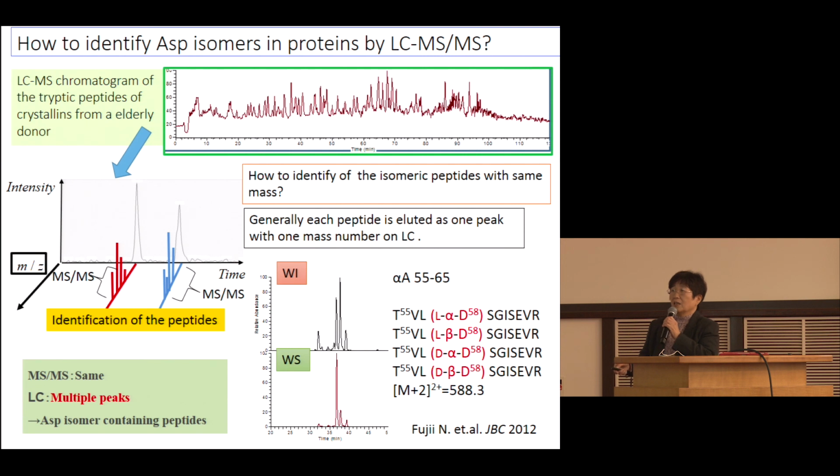That's why the same sequence peaks were separated on the LC. So that is ASP isomer containing peptides.